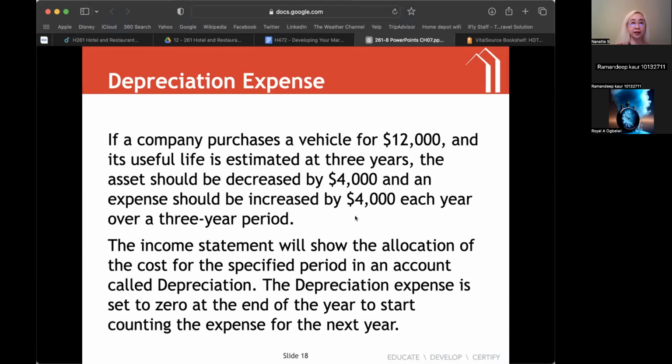So 4 times 3 is 12,000. So in the income statement, it would show the allocation of cost for the specified period in the account called depreciation. And this is the depreciation expense, and you have to set it at 0 at the end of each year.